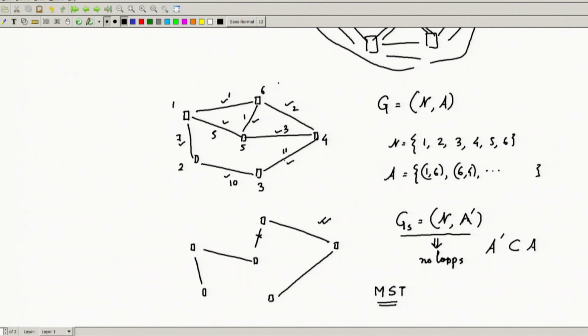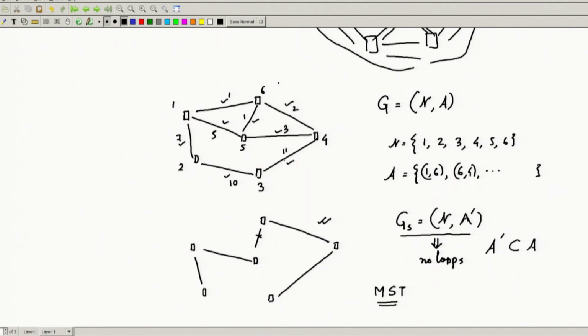Given the cost values, the minimum spanning tree is a unique one in most cases; there might be some ties. It will still be a spanning tree, but the overall added link cost will be minimum among all possible spanning trees that I can construct, because here, as you can see, I can construct multiple spanning trees.